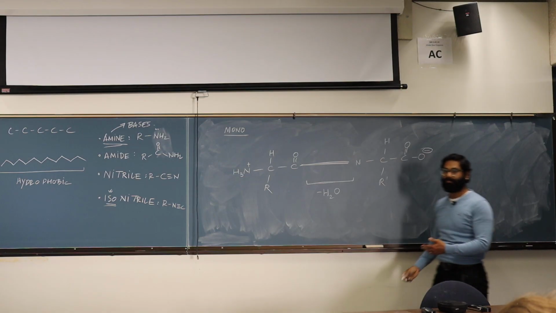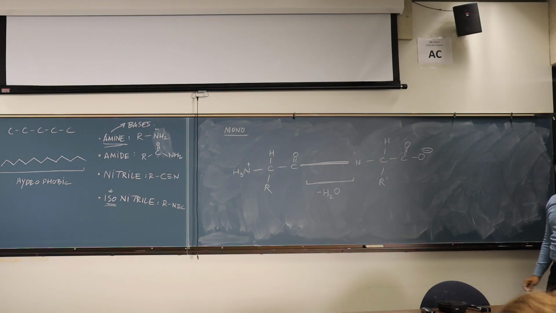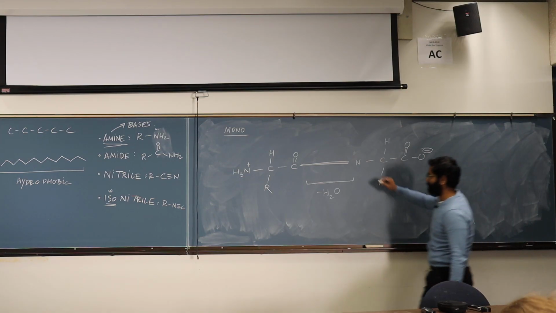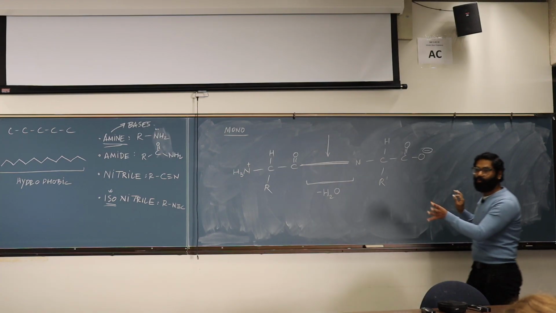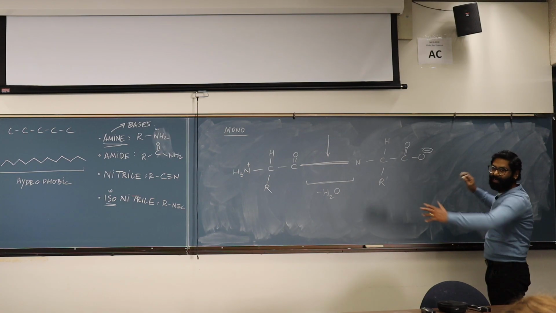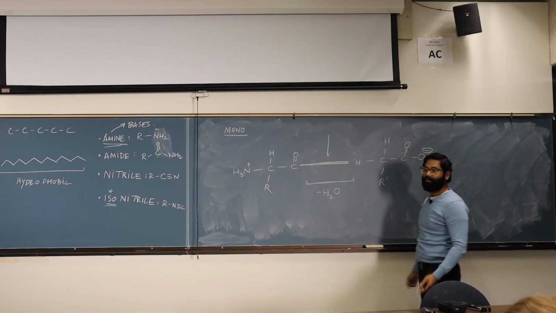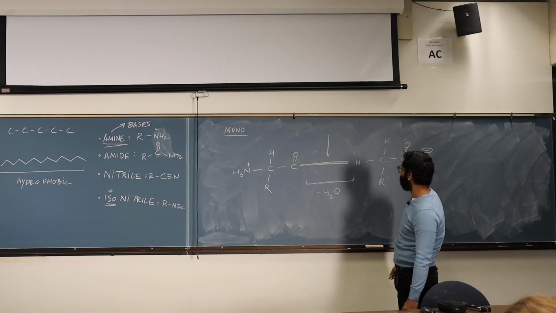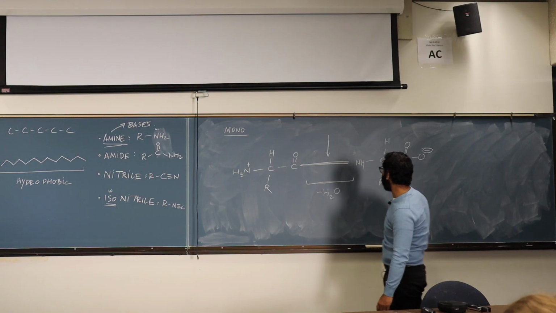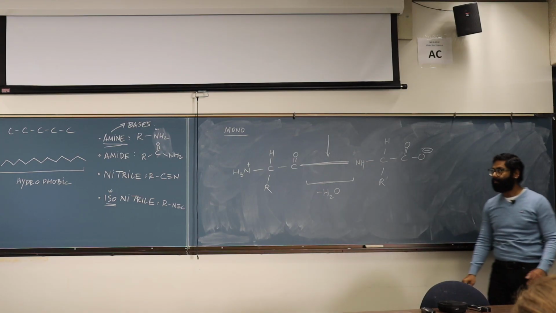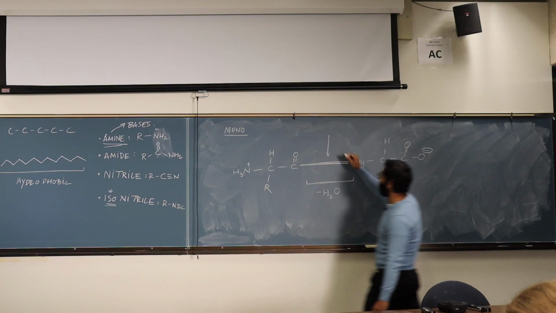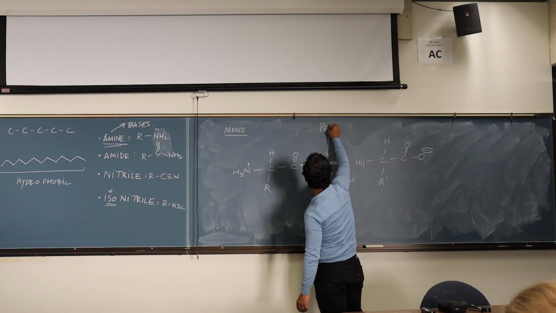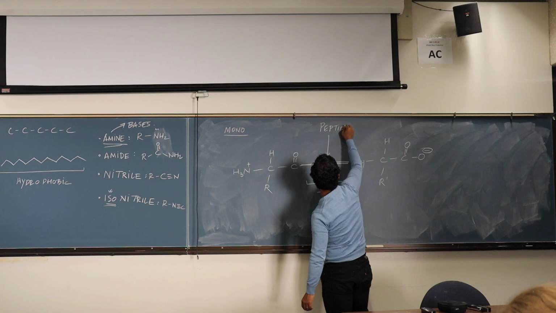It's not that long, but this is the linkage. This is the linkage that we were talking about between two monomers. So now you have started to make a polymer. There will be another H on nitrogen. This is called a peptide bond. The name of this bond is called a peptide bond.